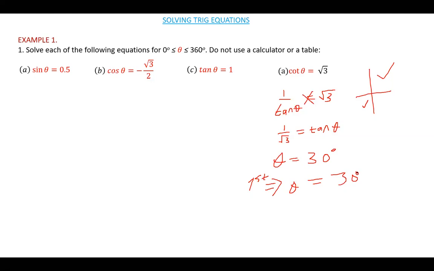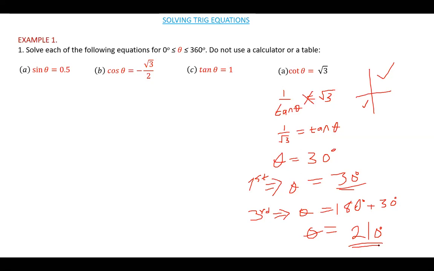And then in the third quadrant, theta is going to be equal to 180 degrees plus 30 degrees. When you add the two, you find your value of theta to be 210. So 210 is your solution, and this 30 is your solution.